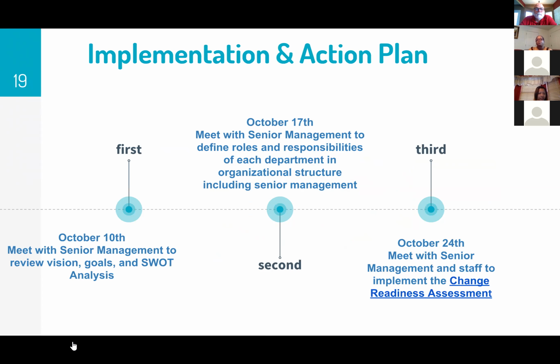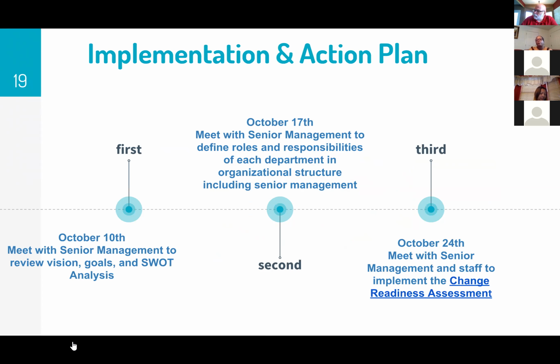And then our implementation and action plan continued. First, we're looking at meeting with all the senior management to review vision, goals, and also the SWOT analysis, and also conducting it with our other employees so that we can get input from all stakeholders.